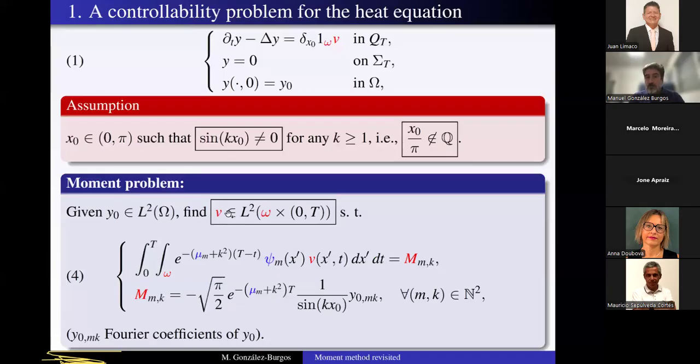We want to find a control v which depends only on x prime and t, and is independent of x, the last variable, such that the scalar product of this function and v is equal to some quantities for n and k. In this case, this quantity m k is equal to this formula: a negative exponential with the eigenvalues, times 1 over the sine, times the Fourier coefficient.